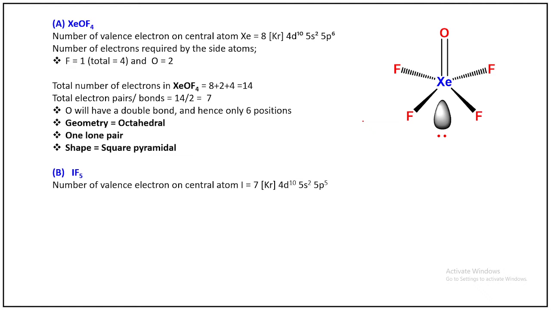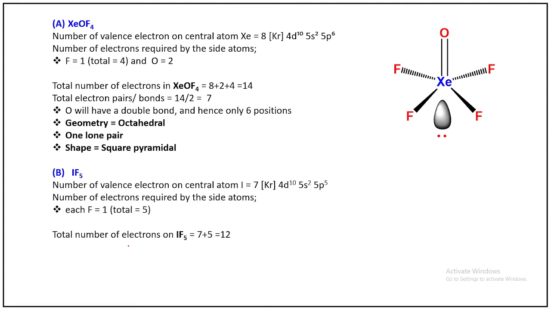The next one is IF5. In this, which one is the central atom? Iodine. Iodine has 7 valence electrons. And how many side atoms are there? 5. So the total number of electrons on the molecule IF5 will be 7 plus 5 equal to 12.